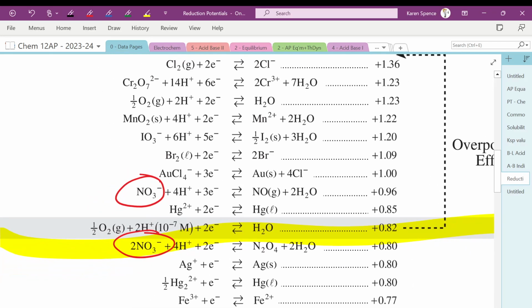And if you have not acidified your solution, can NO3- get reduced? No. Do you see how those reactions of NO3- being reduced include H+ ions? If you don't have a source of acid, if you don't have more than just the slight H+ from the dissociation of water, you're not going to get a reduction of NO3-. Is that good? Okay. Back to our video.